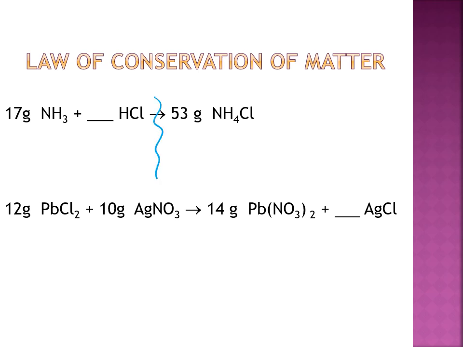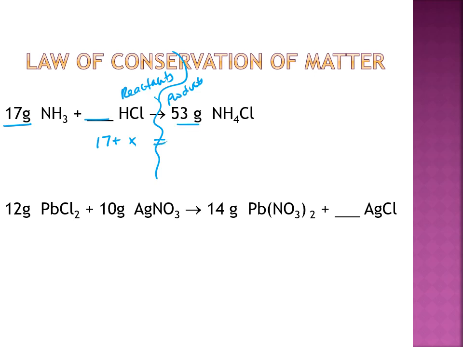Let's practice some equation style problems. I like to draw a line between my reactants and my products just to make sure that I'm keeping everything organized. And I'm just going to do some algebra, my friends. So I'm going to take 17 grams and some number of grams of hydrochloric acid. I'm going to pick a variable. I'm going to pick X, but you should pick your favorite variable.